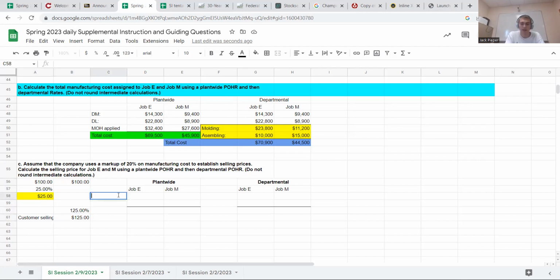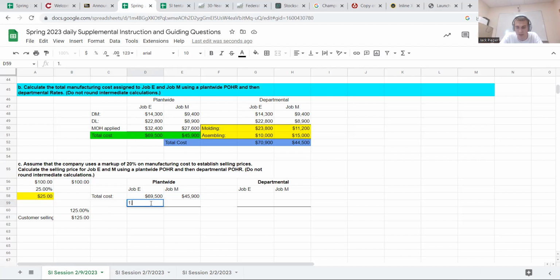Okay, so for the plant-wide rate, we're just going to take our total cost using our plant-wide rate. We'll hit equals, and then we'll reference the 69,500 and the 45,900. And then we will type in our markup.